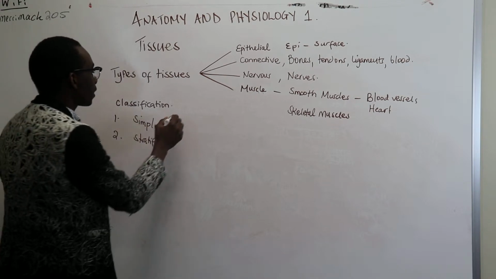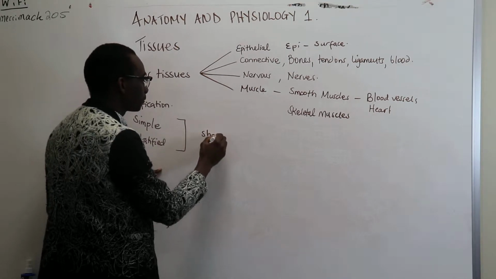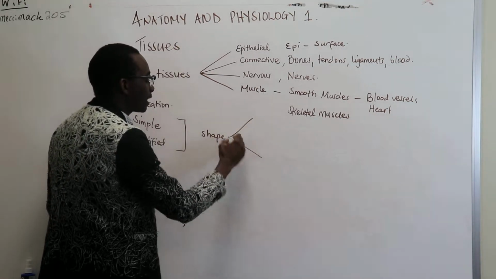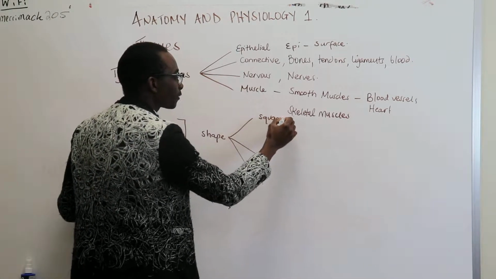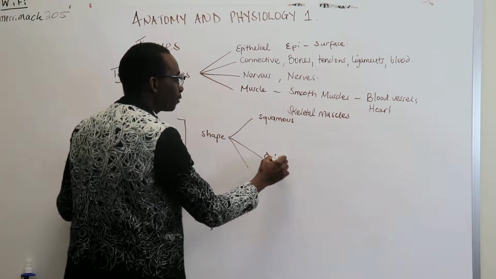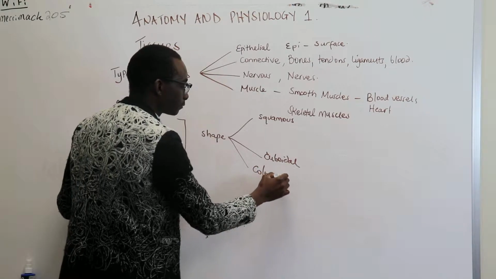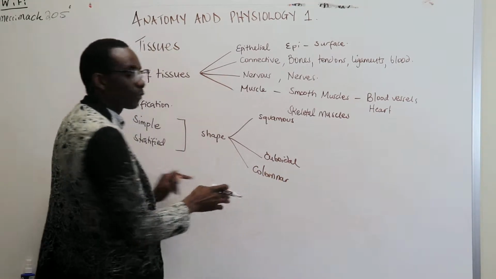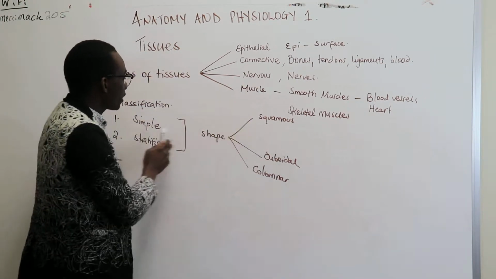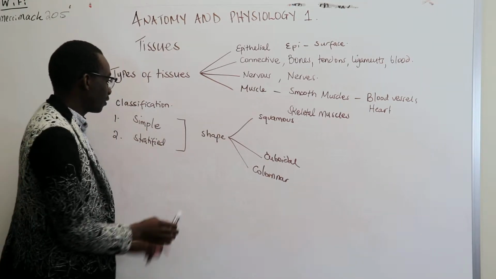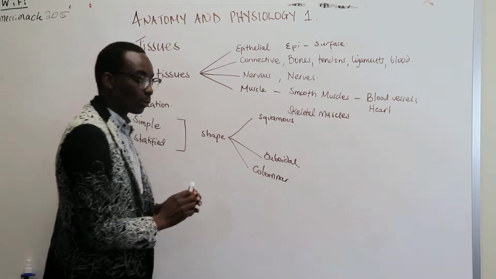These are further classified by shape: squamous, those that look like squares, cuboidal, those that look like cubes, and columnar, those that look like long columns. So we shall look at simple squamous, simple cuboidal, simple columnar, and also stratified squamous, stratified cuboidal, and stratified columnar.